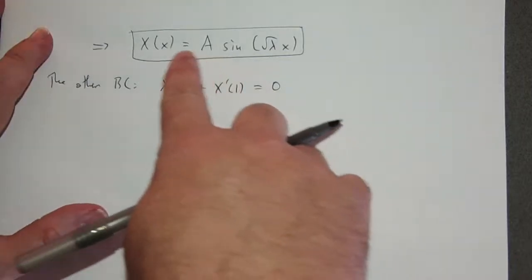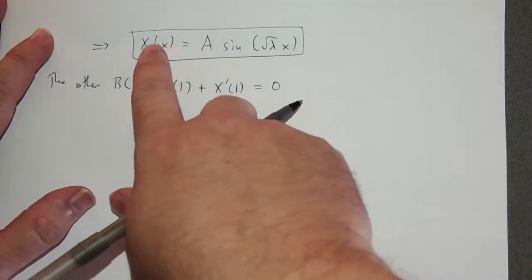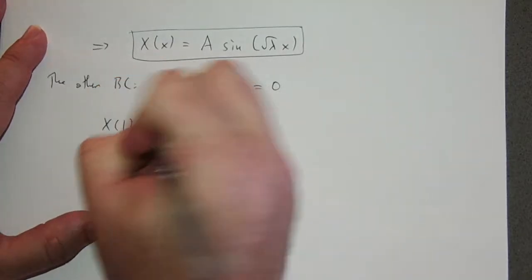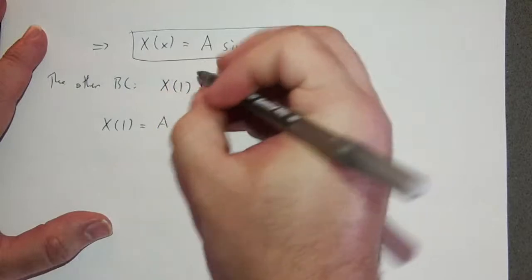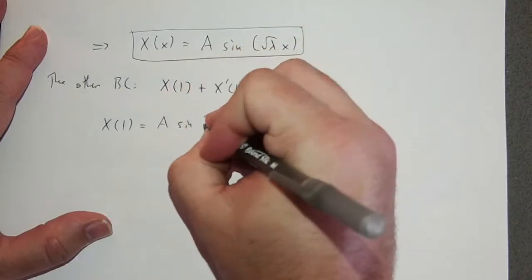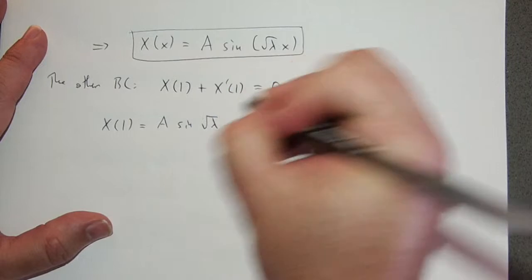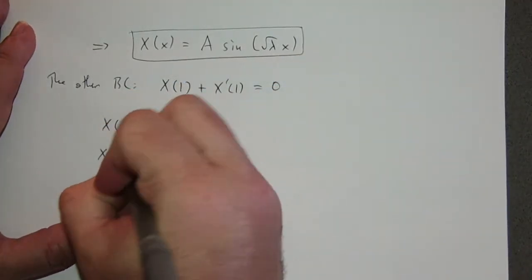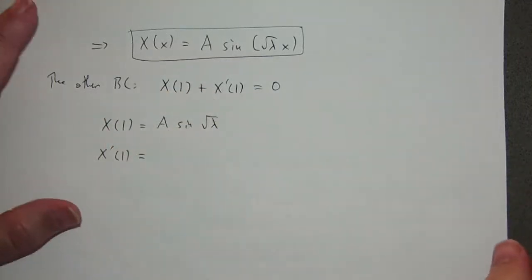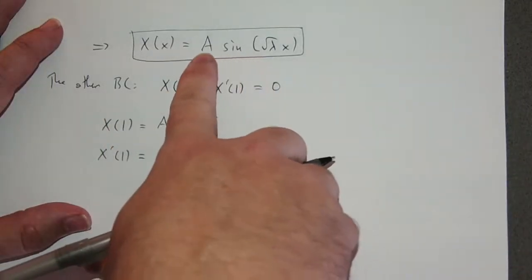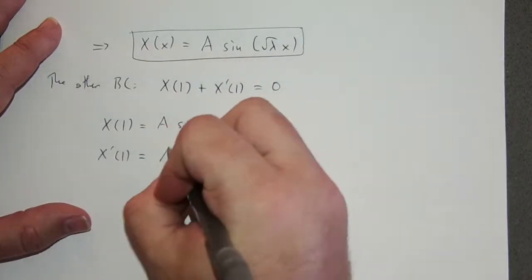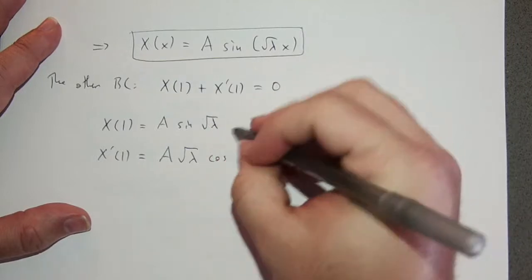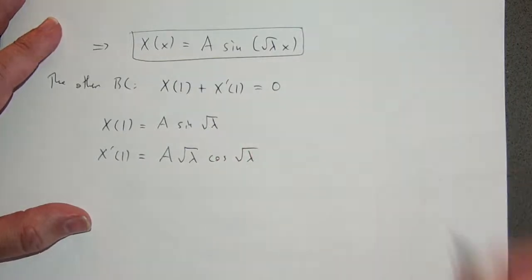So x of 1 is a sine of square root lambda, and x prime of 1 is a times square root of lambda times cosine of square root lambda.